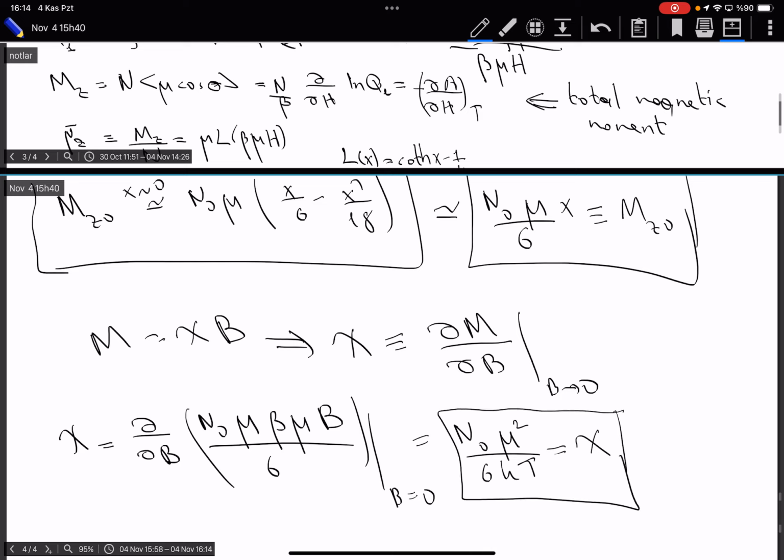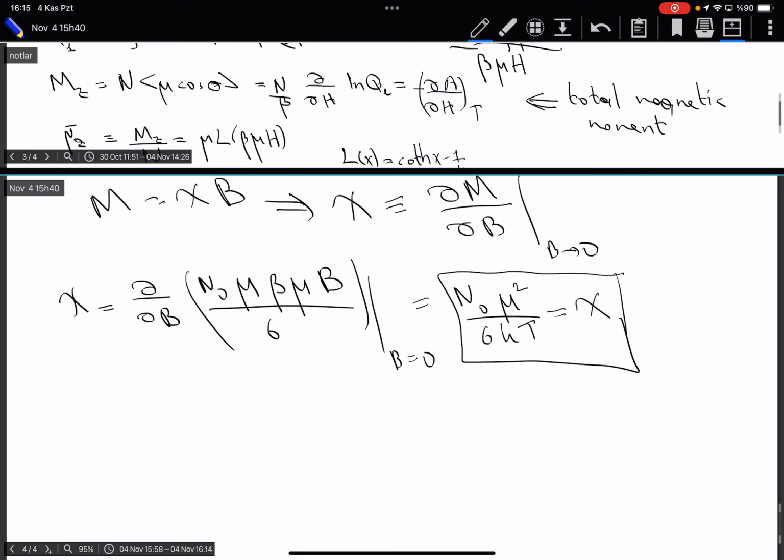This is the magnetization at high temperatures. As you see, as T goes to infinity, the magnetic susceptibility goes to 0. Well, this is the so-called Curie law. And C is the Curie constant.